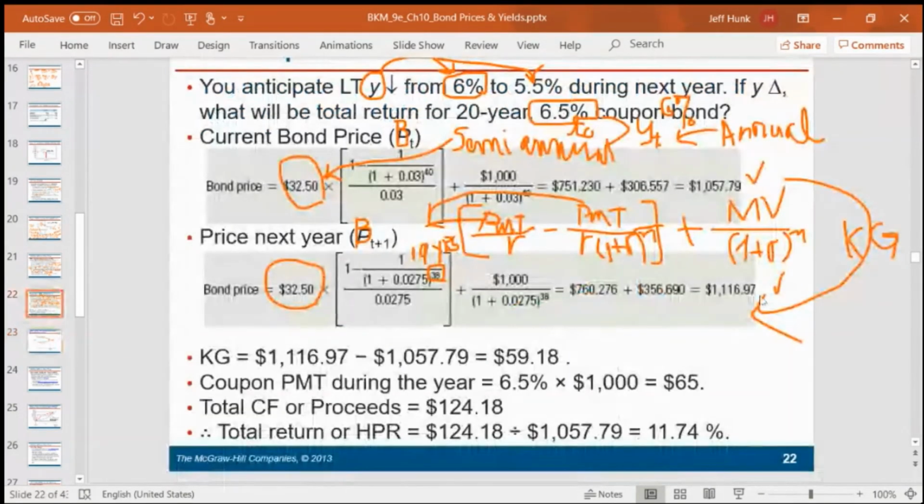But this is a premium bond. Shouldn't there be a capital loss? Why? Well, think about it.